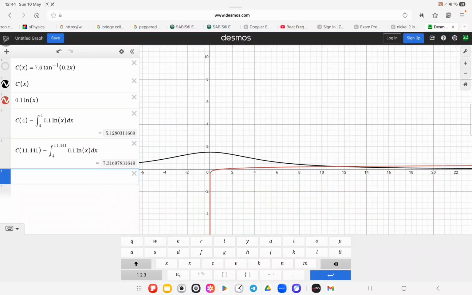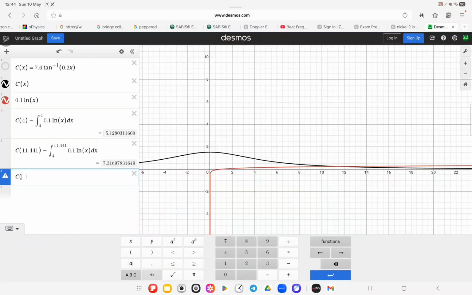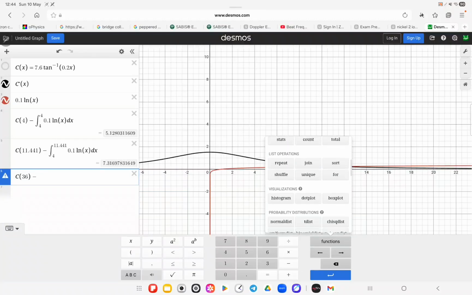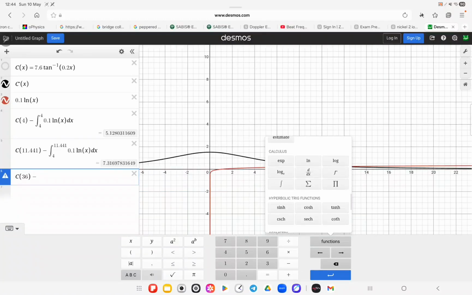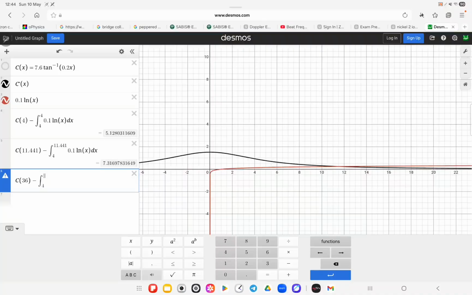Finally, I'm going to be plugging in the c of 36 minus again the integration from 4 to 36.